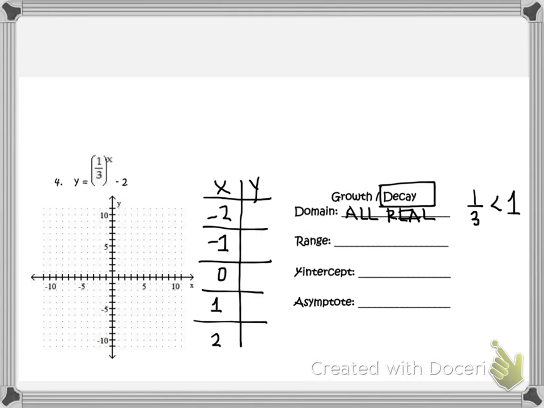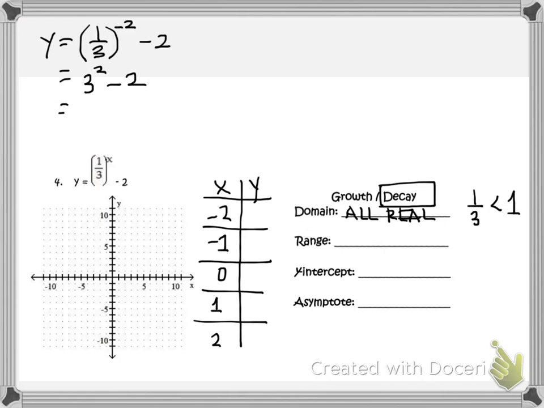Alright, so when you have a negative, so this is going to be 1/3 raised to the -2 power minus a 2. So 1/3 raised to the -2, so that could be positive by saying 3 squared minus 2.